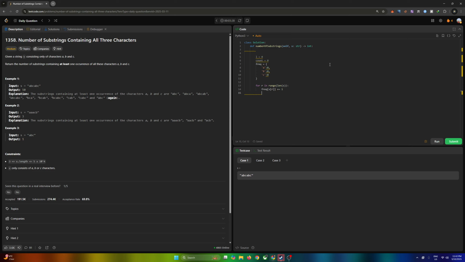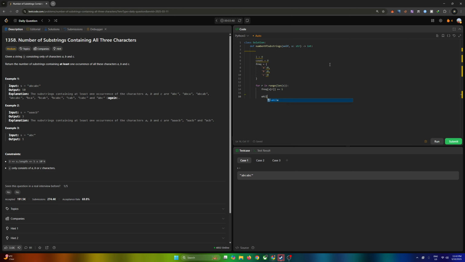So right now we are at A, and then we will be moving forward to B, and then we will be moving forward to C. Now at point C, we know that it is satisfying our condition of at least one occurrence of all these characters A, B, C, right?